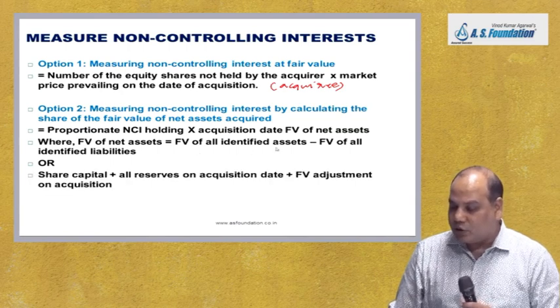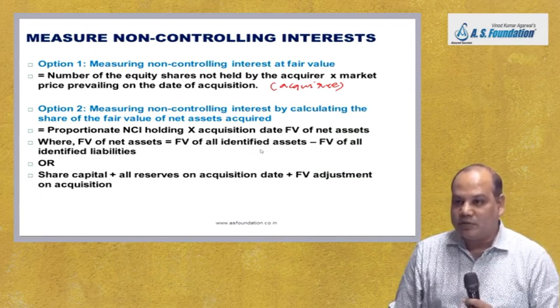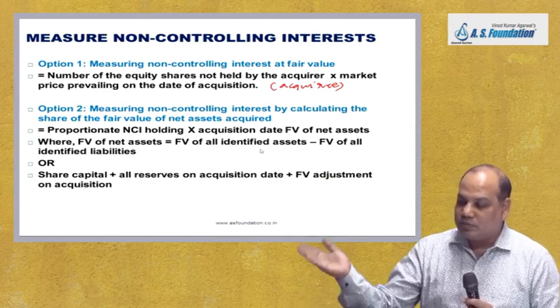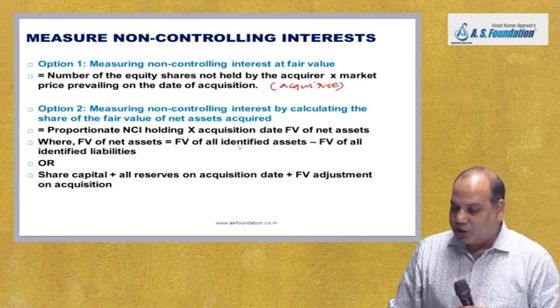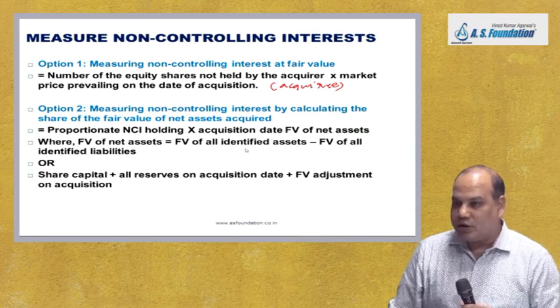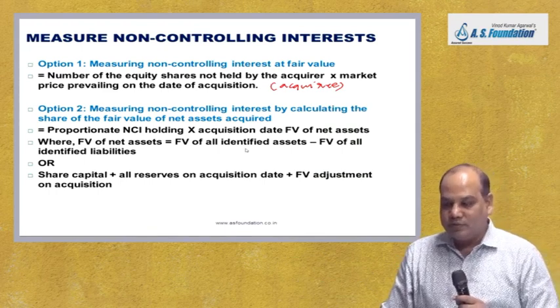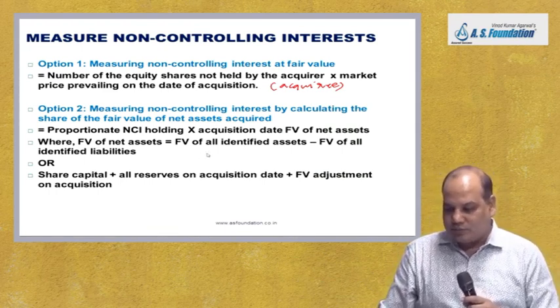even if some asset may not be appearing in their books, but if it is separately identified, like brand or patent, it may not appear in the books of the acquiree but may be separately identified by the acquirer, then that will also be considered. And you will also consider DTA and DTL on the assets and liabilities of this subsidiary on that date.